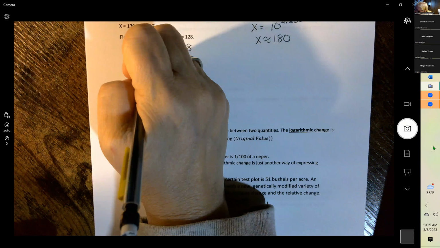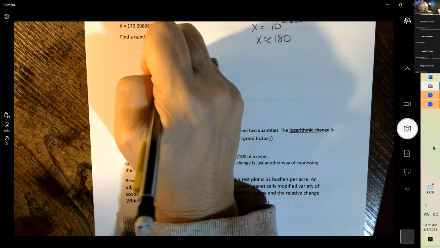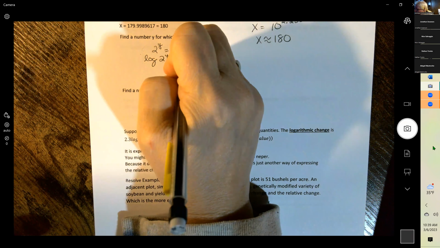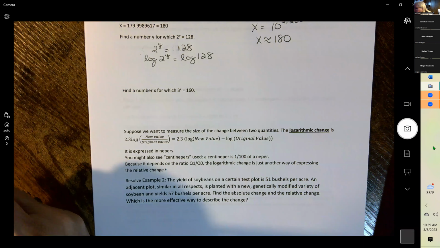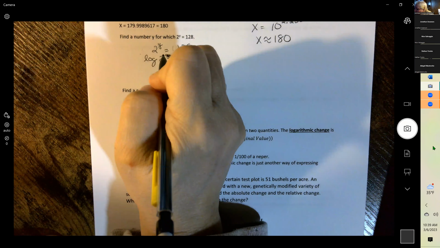So we can take the log of 2 to the y equal to the log of 128. Because then this y can come down in front.